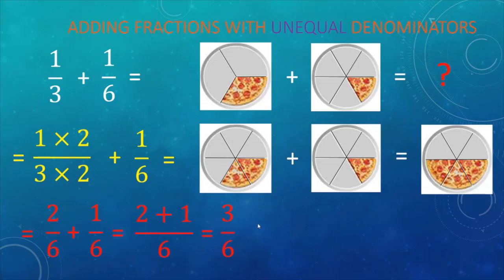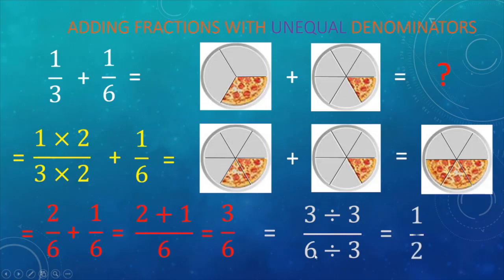And now, if you look at the fraction and you see that numerator and denominator can be divided by the same number, you can't leave it like this. You need to reduce this fraction to the simplest form, or simplify it. So 3 and 6 both can be divided by 3. So 3 divided by 3 is 1, and 6 divided by 3, 2. So our answer is 1 over 2.